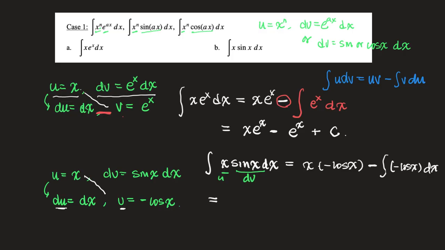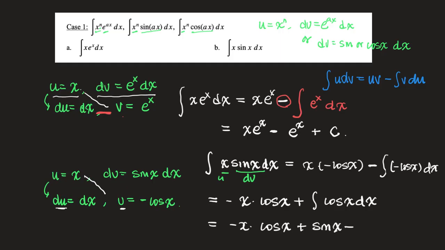Negative times negative gives positive: negative x cosine x plus the integral of cosine x dx. So negative x cosine x plus the antiderivative of cosine, which is sine x, plus c.